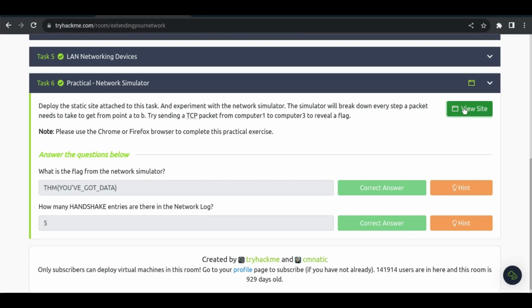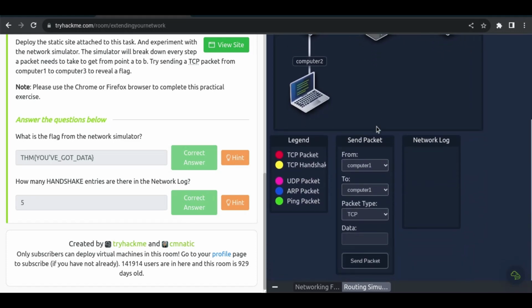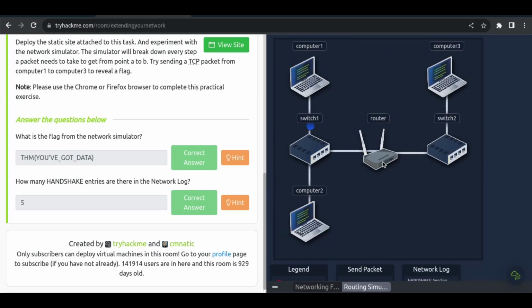So we're going to click on View Site. We need to send a message from computer 1 to computer 3. So we're going to move down here from computer 1 to computer 3. Now we're going to send the packet. And it's sending now.